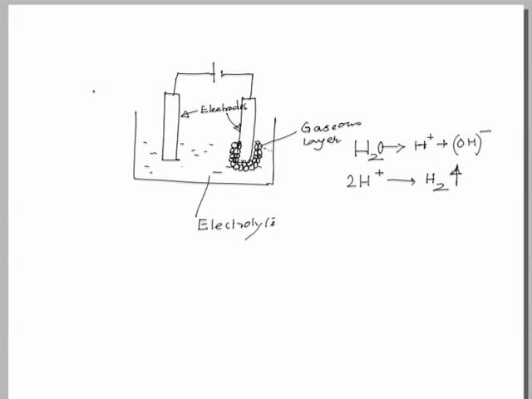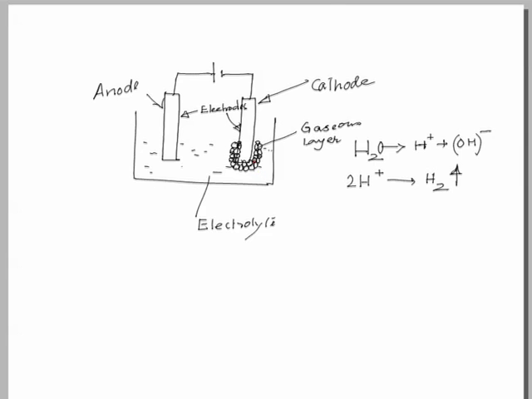This is anode here and this is cathode here. Therefore, the working of the cell comes to a standstill. This is called the passivation effect, which is nothing but a byproduct of the dynamics of the process.